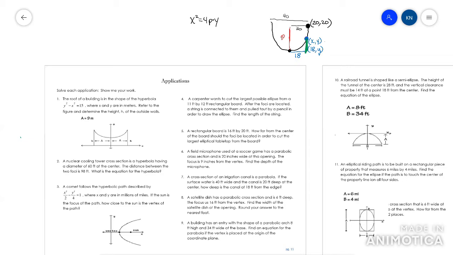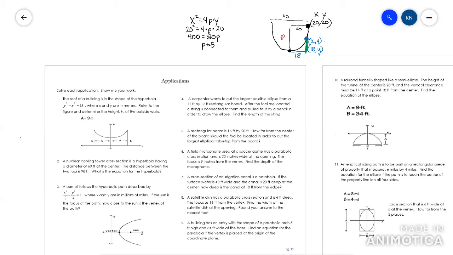The first thing I'd do is take this 20, 20 as an x and a y and plug it in. That way I can find the p-value. So you get 400 equals 80p. Divide and you get your p-value equal to 5.